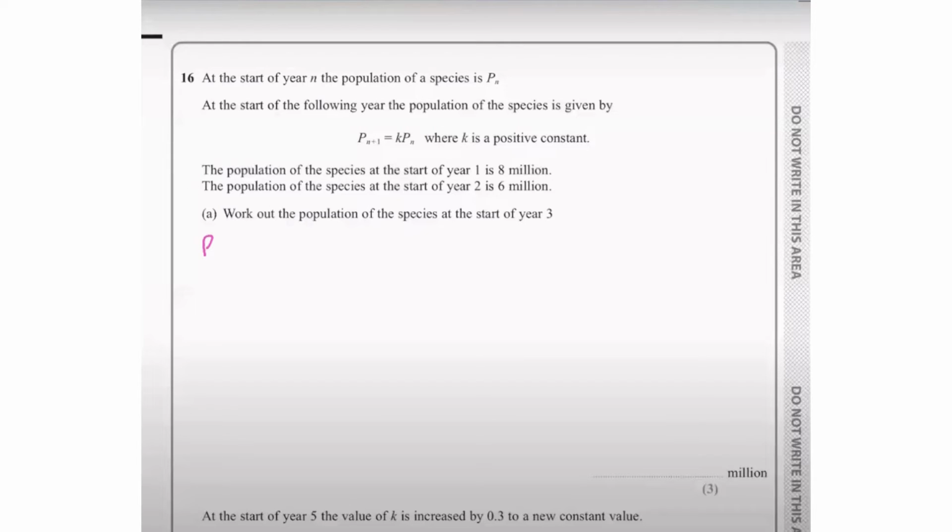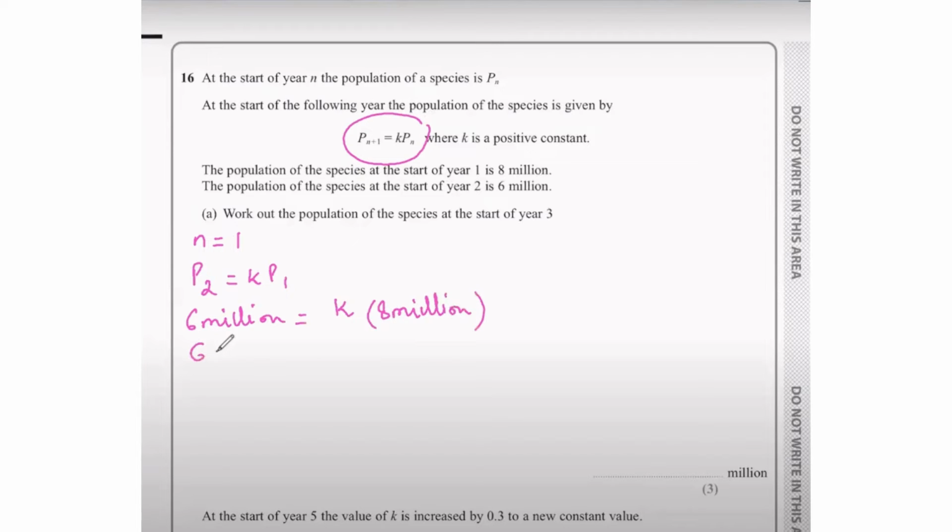So if we substitute n equals 1 in this equation, it's going to be P2 equals k times P1. P2 is 6 million. k is what we're trying to find. And P1 is 8 million.